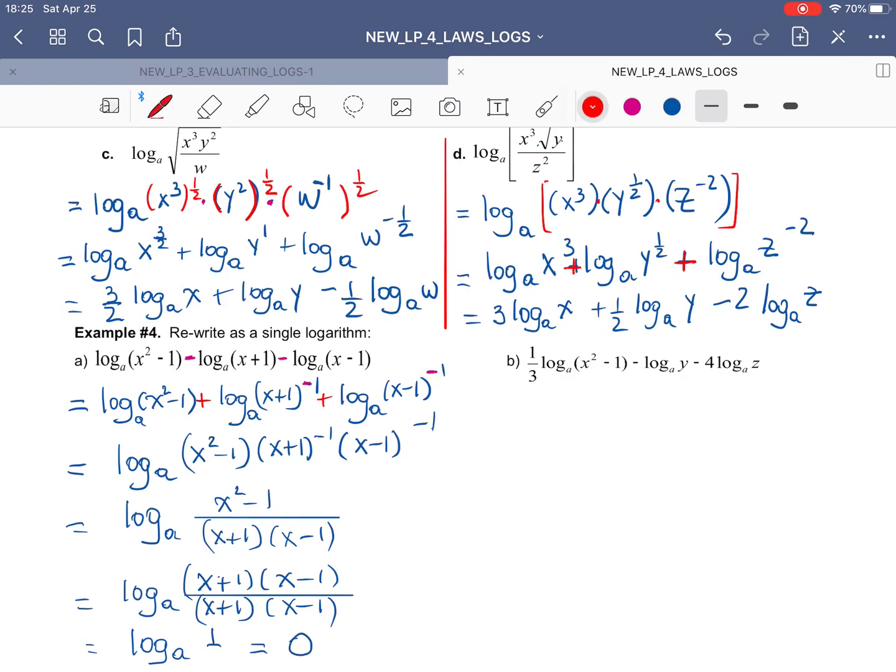Okay, so the last example. In the last example, again, we have to check the bases. They're a everywhere. We have to check the exponents, right? So the coefficients are the exponents and vice versa.